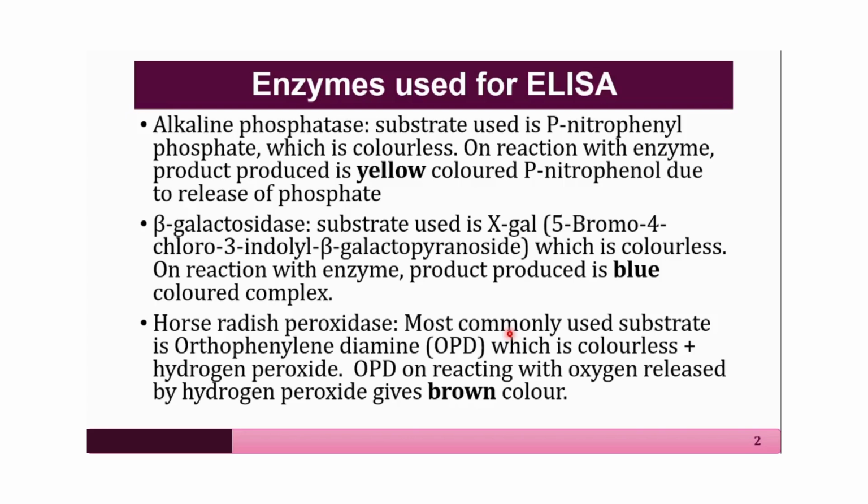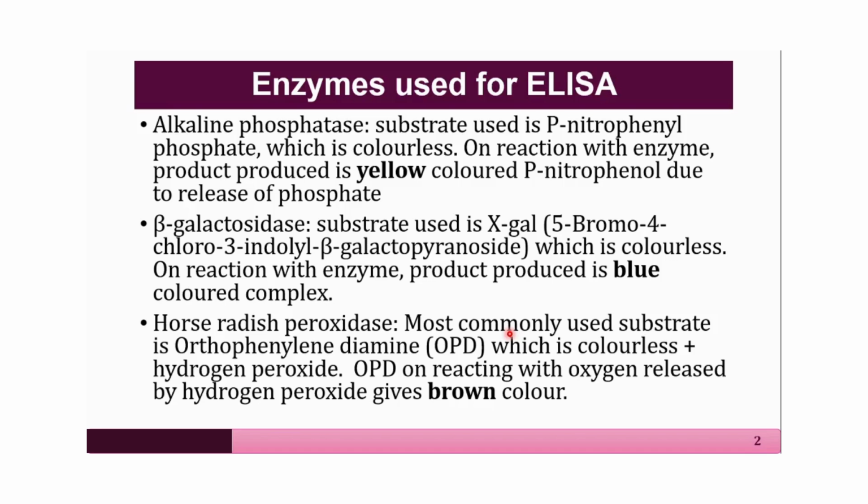The third enzyme most commonly used is horseradish peroxidase. And the most common substrate used for this enzyme is orthophenylene diamine. There are many other substrates, some of them very expensive. The very commonly used substrate is orthophenylene diamine, which is colorless, and together with that, hydrogen peroxide is used.